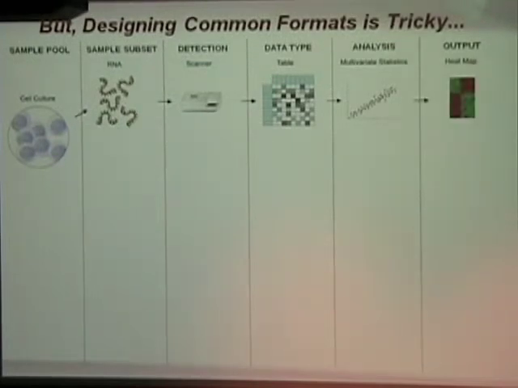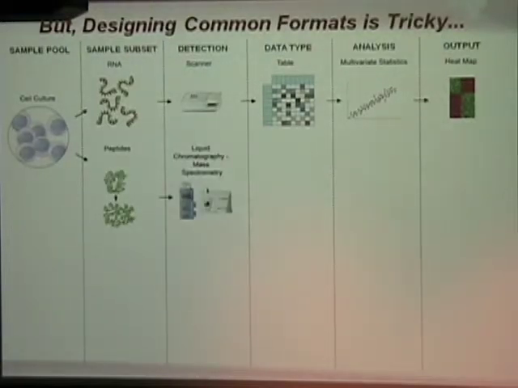So once upon a time people were measuring mRNA, they had equipment to do that, it spat out some sort of table, you could do statistics on it, and the output could be stored in a cross-platform standard called an XML file. And by analogy, I think we thought as a field we should do something similar.